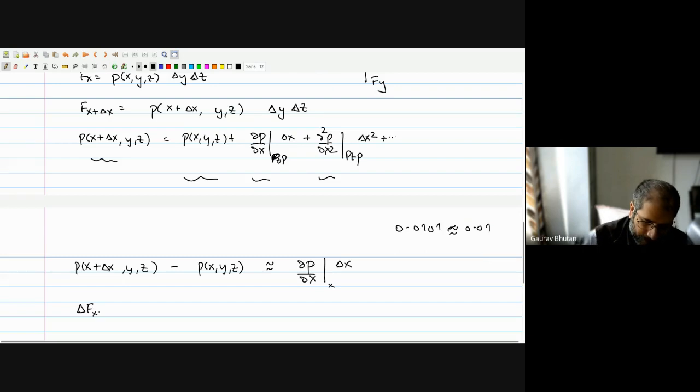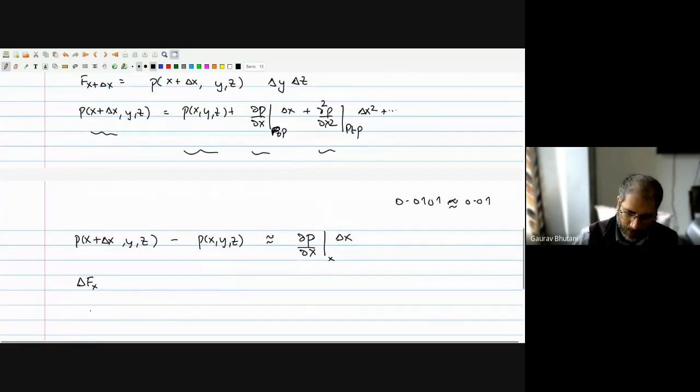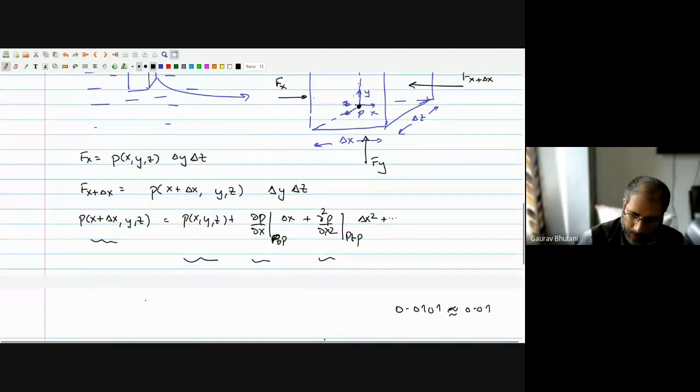a delta Fx. So the net force acting on this free body, this water cuboid. I want to find out the net force acting on this body in the x direction. So that's delta Fx, which is equal to, I'll put a minus sign here because that's on the left hand side, minus del p by del x times delta x, multiplied by the area, which was delta y times delta z.